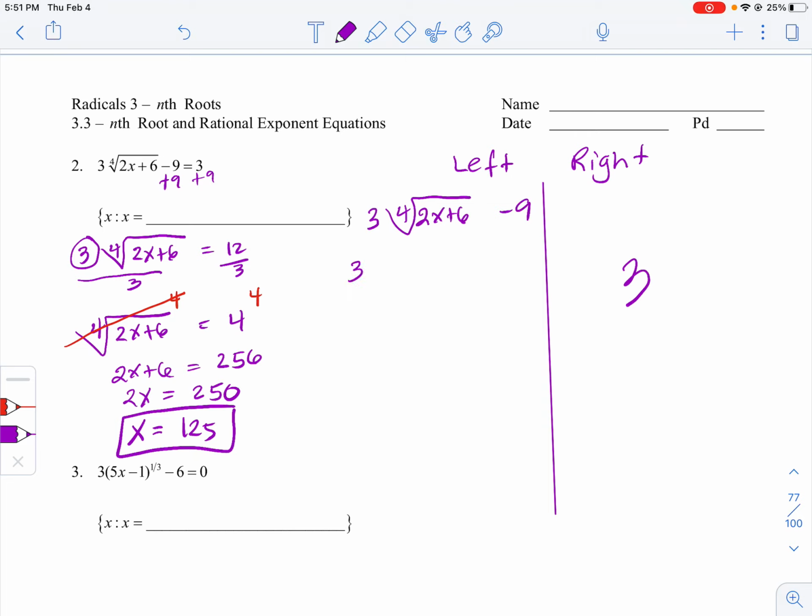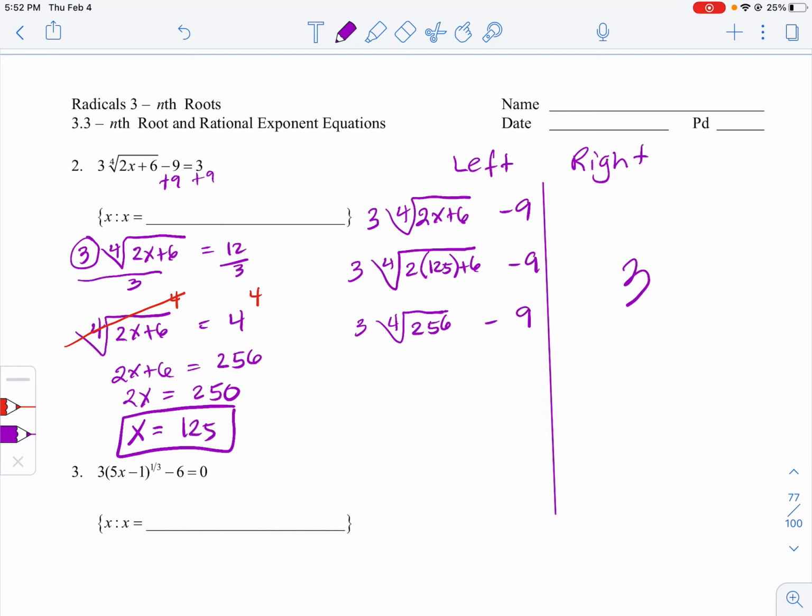Let us be careful plugging that in, and it's very critical that you make sure that the negative 9 is outside of the radical. So that's the fourth root of 2 times 125, which is 250, 250 plus 6 is 256, minus 9.